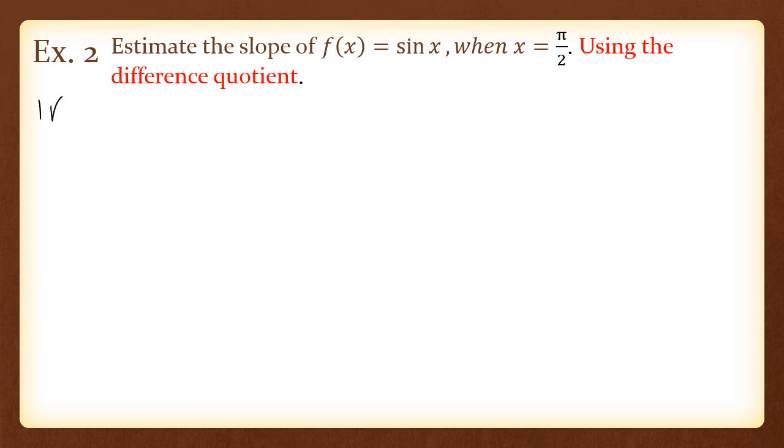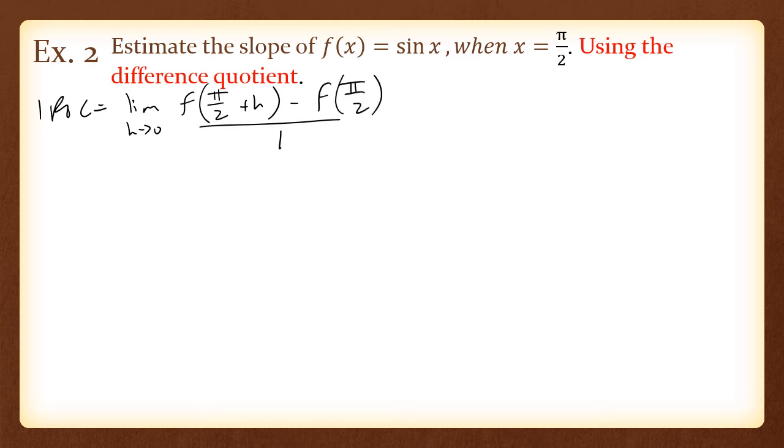IROC equals the limit as h goes to 0, and then f of pi over 2 plus h minus f of pi over 2 all over h. I'm going to stop writing the limit. Sine pi over 2 plus h minus sine pi over 2 all over h.